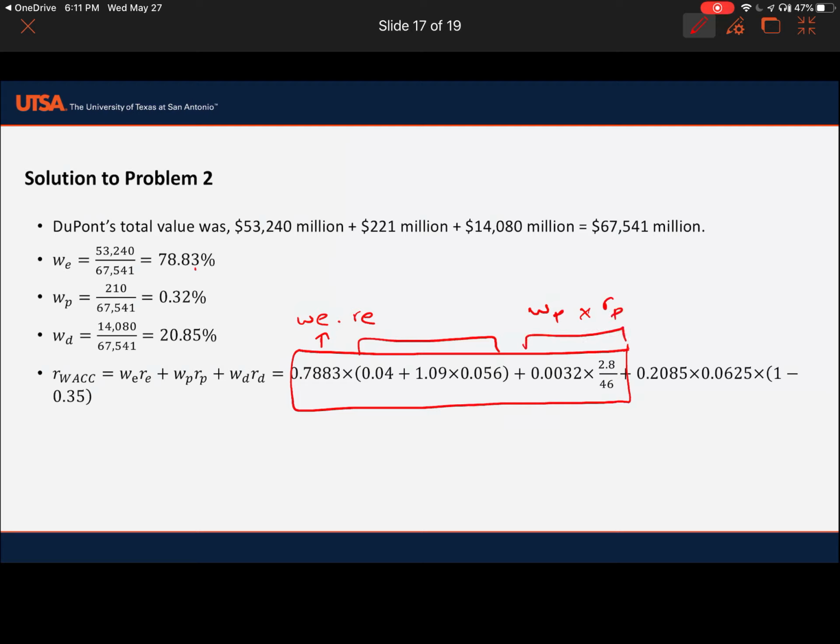And the last part is the weight of debt multiplied by cost of debt. How can we find cost of debt? The interest rate multiplied by 1 minus tax rate.